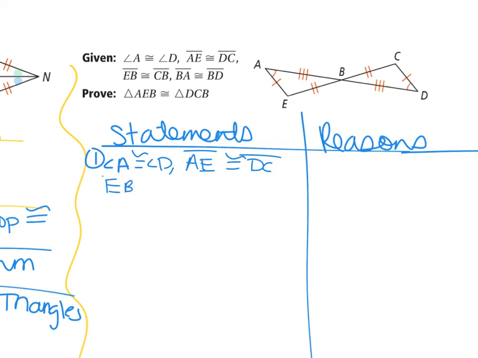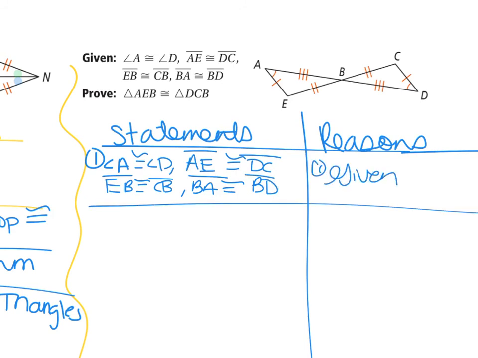EB is congruent to CB. And BA is congruent to BD. And the reason is given. So as you probably noticed, they gave us one angle that's congruent and then all three sides are congruent. So really all we have to do is prove that those last two angles are congruent, okay?